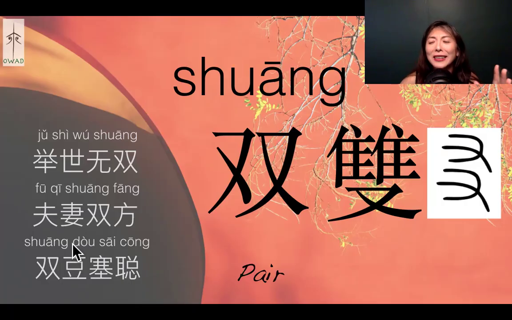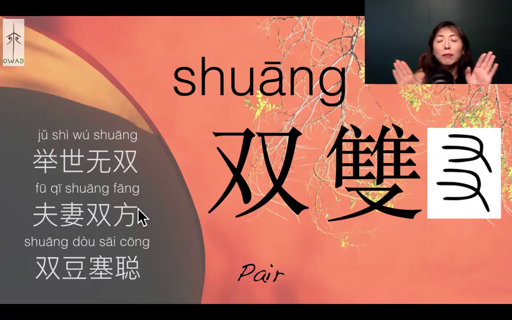Okay, so 夫, grown man. We talked about that this year, right? And the 妻, your house duster, that's Chinese husband and wife. And 双方, this pair, 方, I guess direction or party in this case. 双方 means both parties, husband and wife.